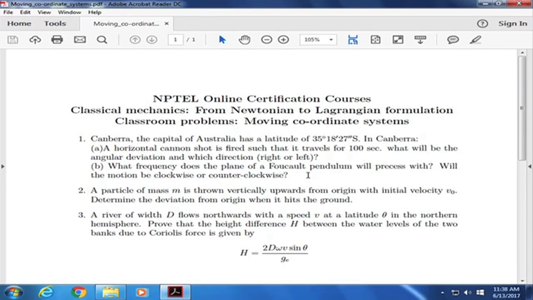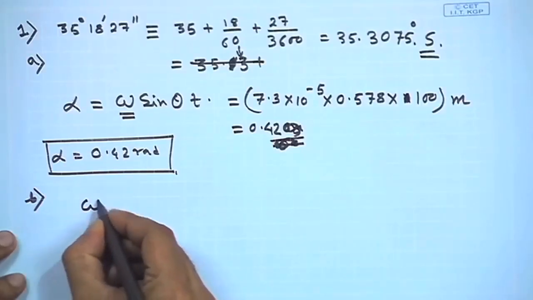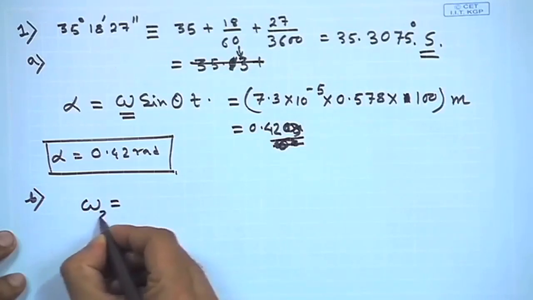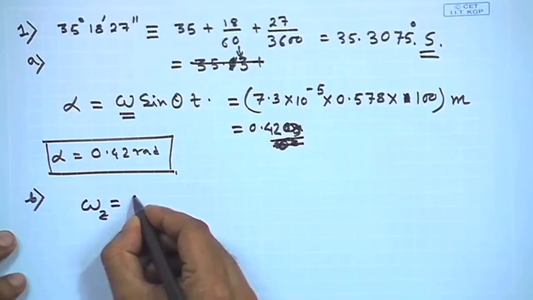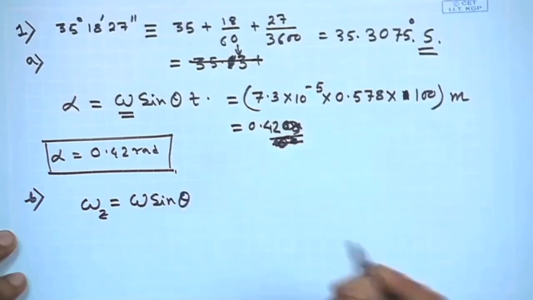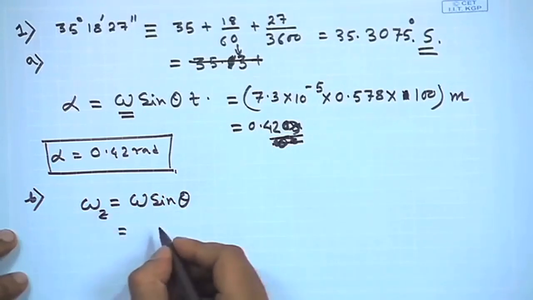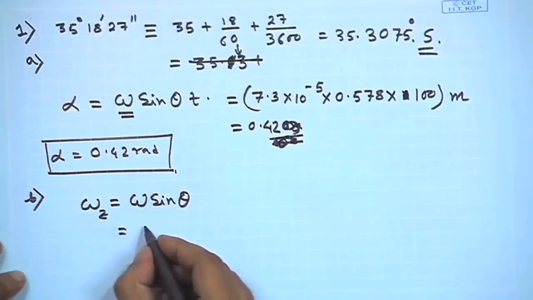What is the frequency with which the plane of a Foucault pendulum will precess? We know that the frequency omega z is given by omega sin theta once again. So, we are not looking for the time period, we are just looking for the frequency.